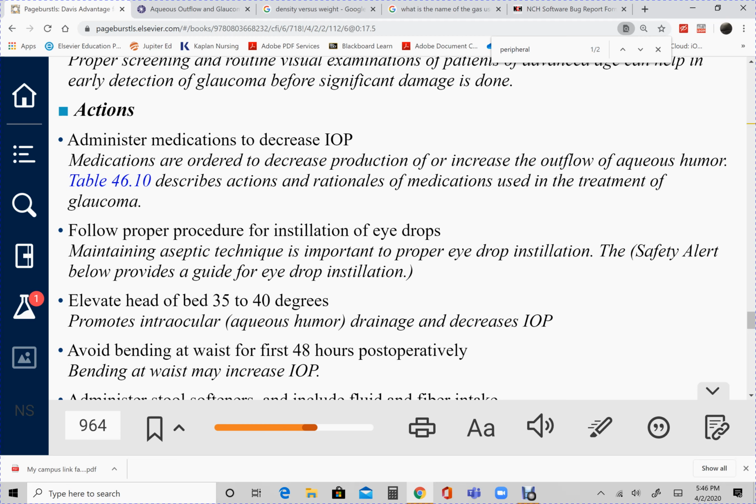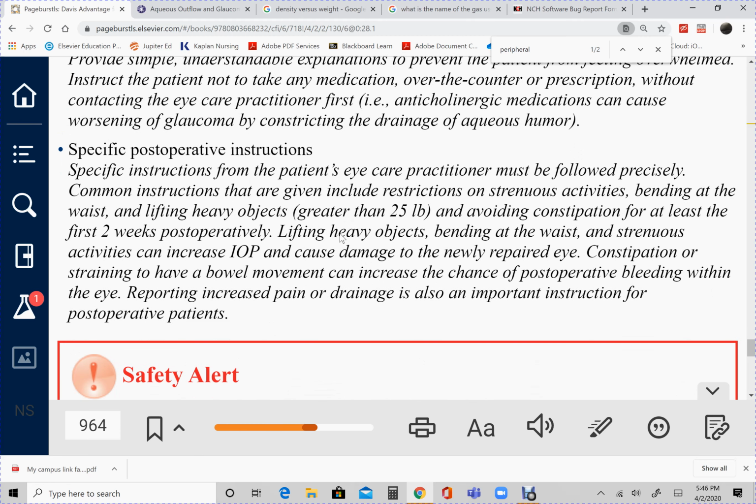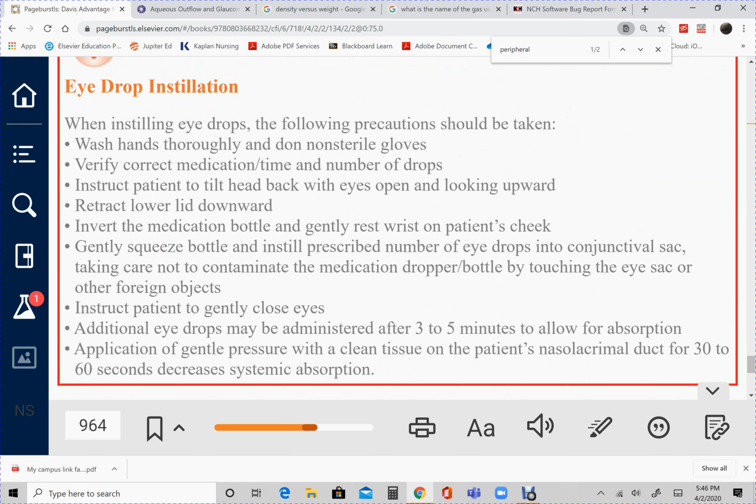For eye drop instillation, we have them in detail here, safety alert. This is absolutely testable. We need to teach the patient, and also the caregiver. If they're not able to do this, then it has to be the caregiver.